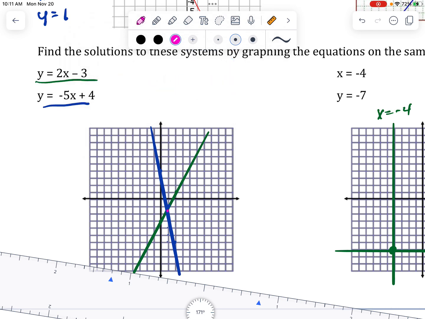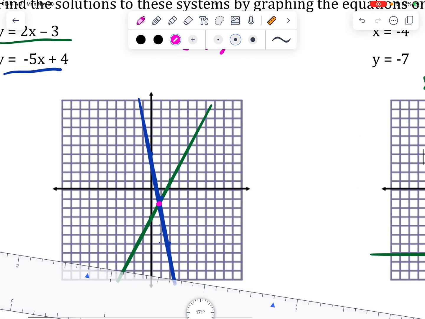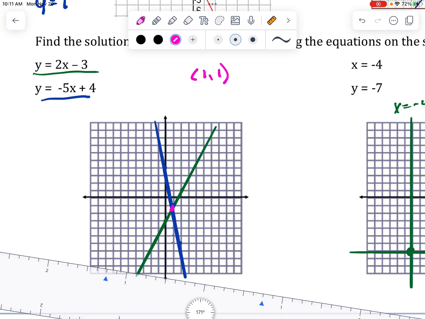Where's my solution? My solution, kind of hard to see, but the point that they both intersected in was (1, -1), right here.